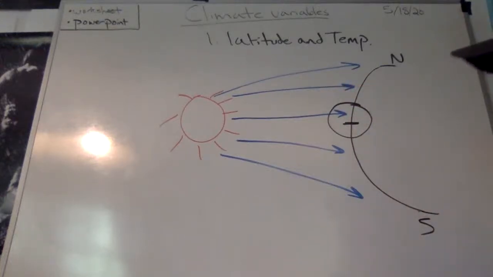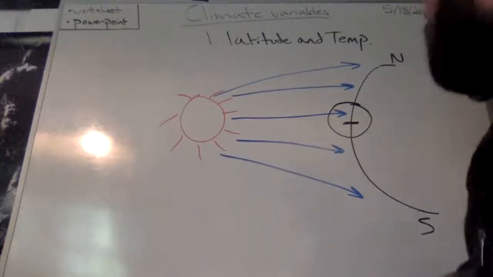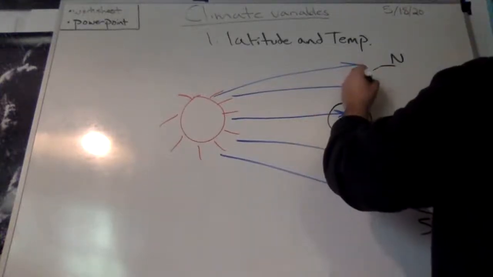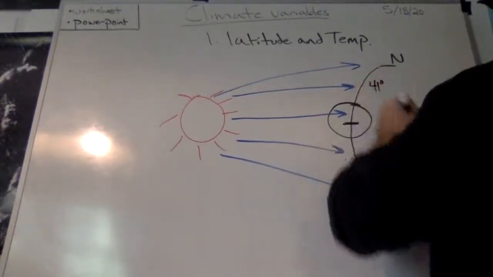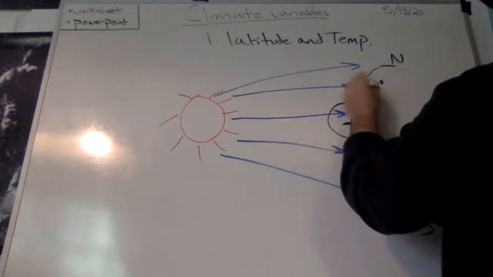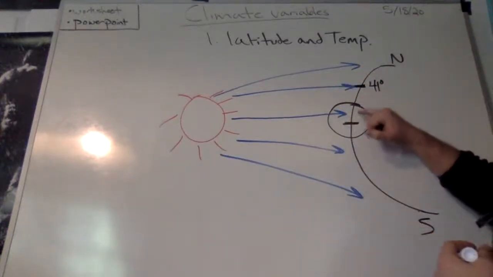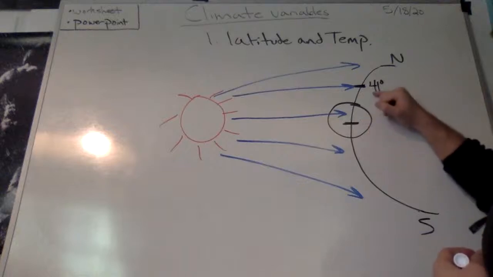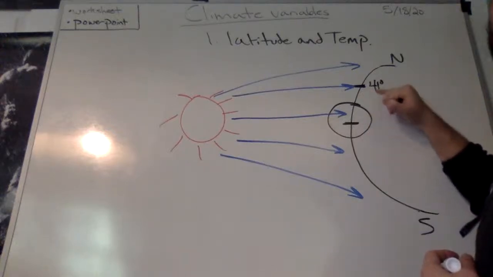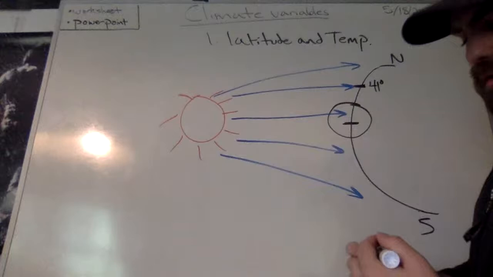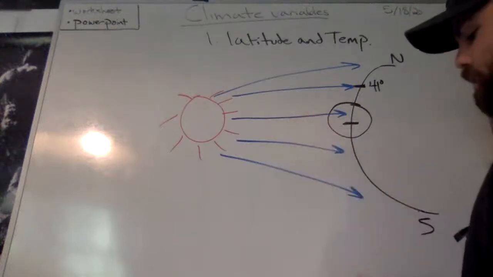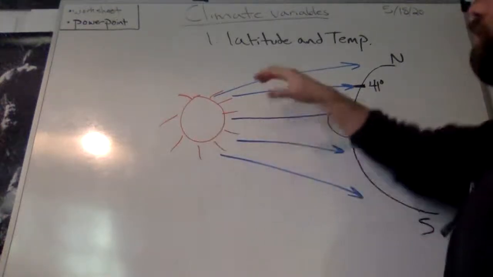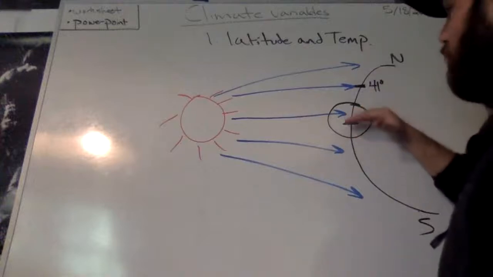Since we live at 41 degrees, we're over in this area, so our angle is not as great as the equator. That's why we have cooler temperatures than if you lived in the tropics at the equator. That all has to do with our angle from the sun, where we are in our latitude.